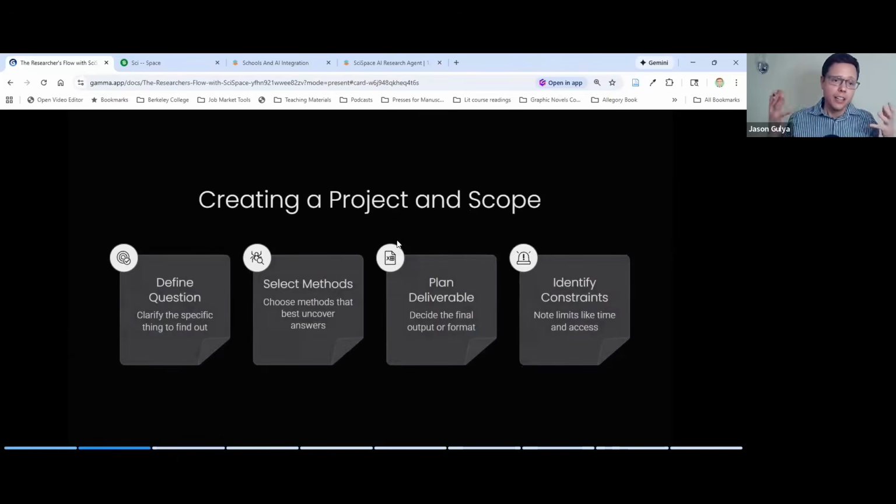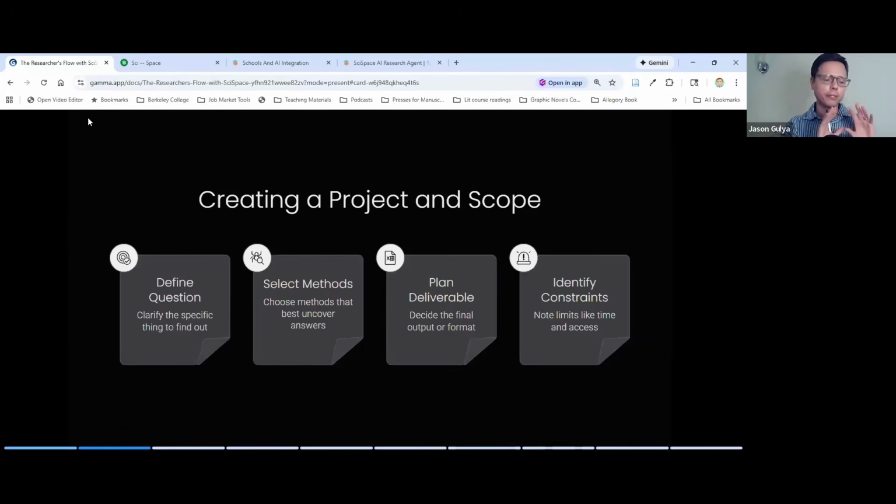So one of the things I really want to talk about is how we create a project. Now, this is not really about AI, but it's going to help us out. And this is something that cuts across disciplines, although we might have different ways to approach it depending on what works for us, what process has been successful in the past. So I really focus on four main things.